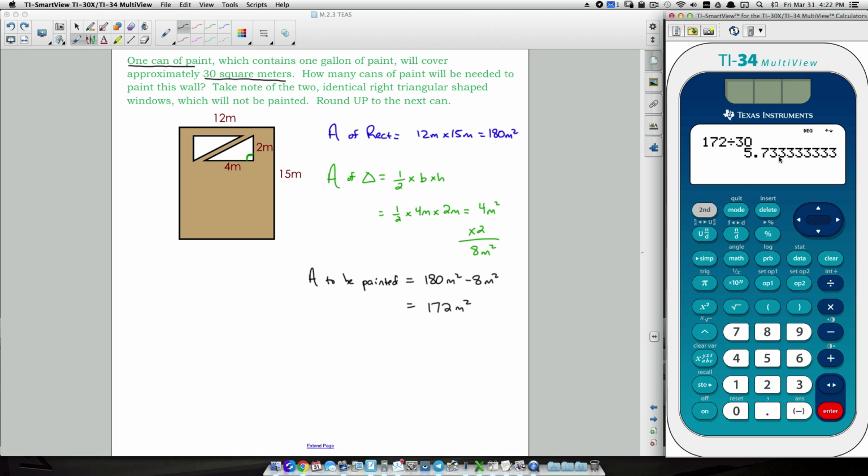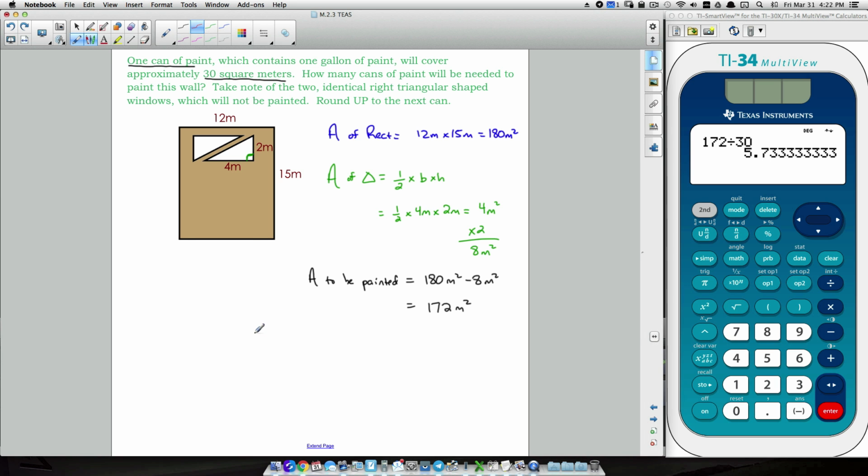So watch this. We're going to get the same answer by taking a slightly longer approach, but probably a better to understand approach using a proportion. Well, what do we know? We know that 1 can of paint covers 30 square meters. So 1 can of paint, 30 square meters, equals X cans of paint. Notice I'm putting cans. And then at the bottom, we want to figure out how many cans will cover 172 square meters.